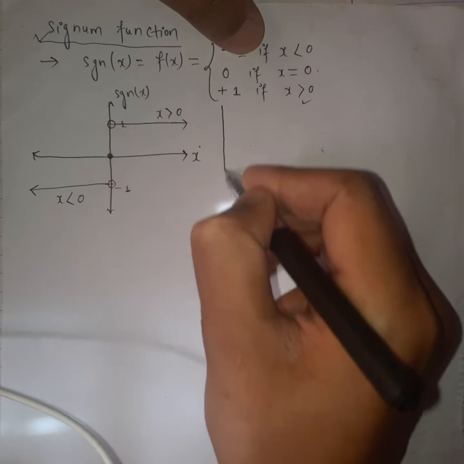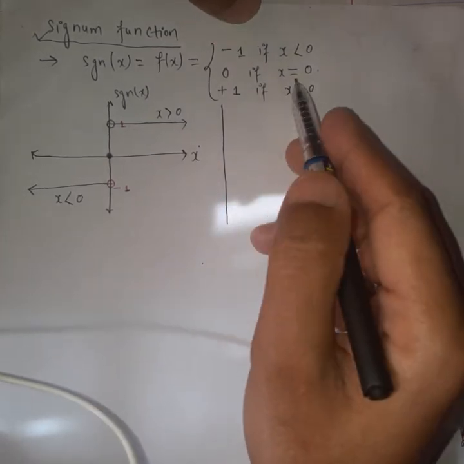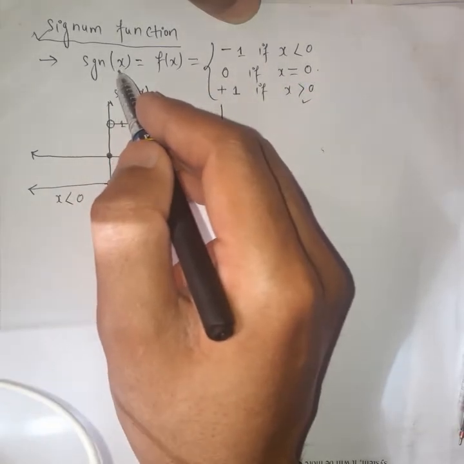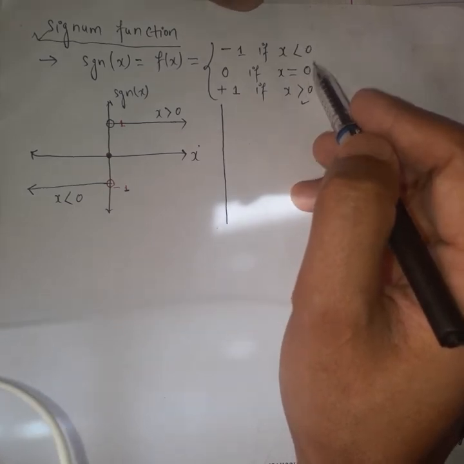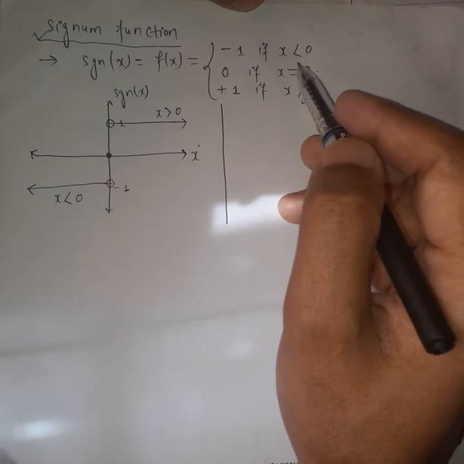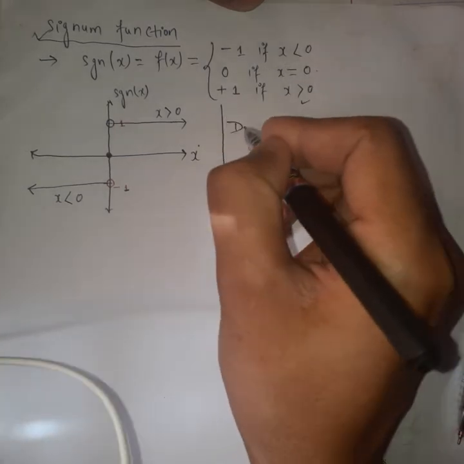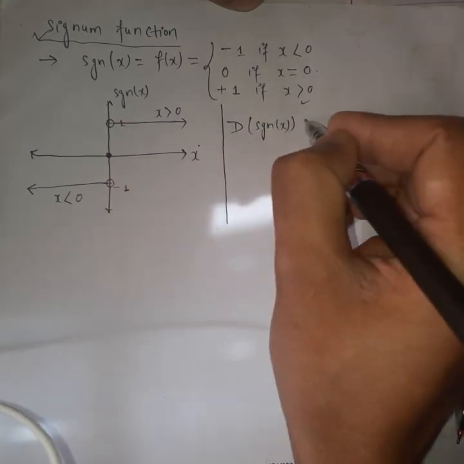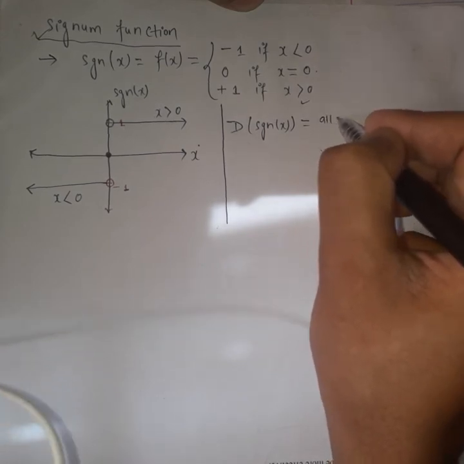Let's talk about the domain and range of this function. The domain of this signum function is x, and the possible values of x are either 0, negative, or positive. It covers all the real numbers.